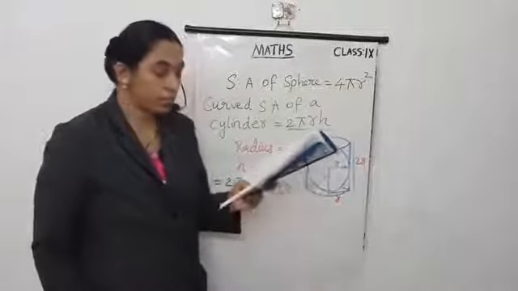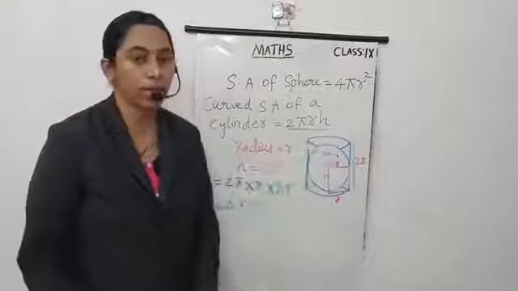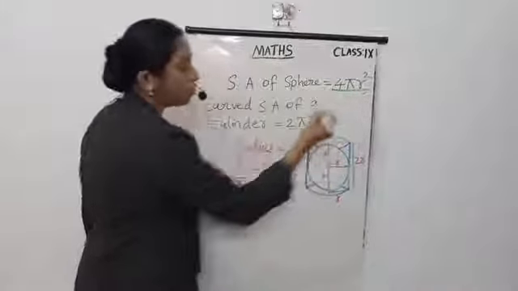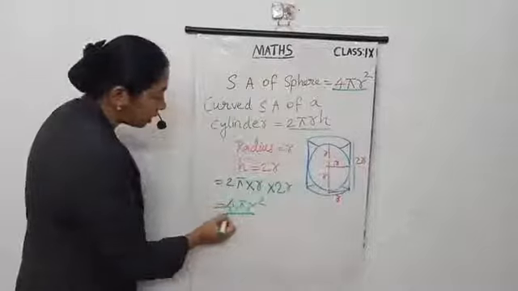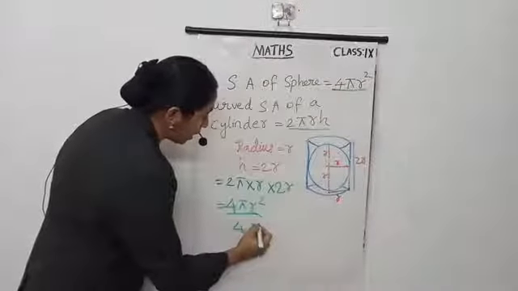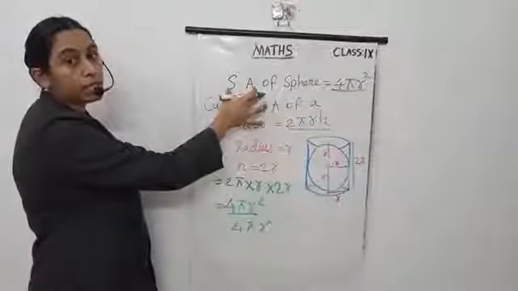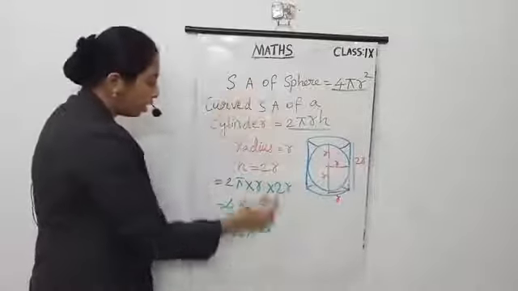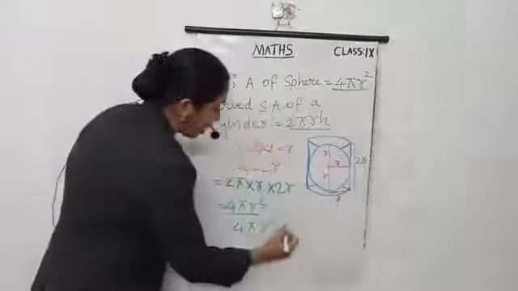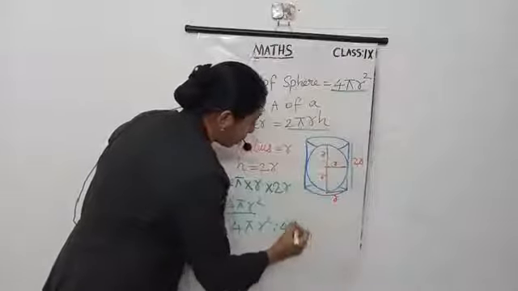And the third question is the ratio of the areas obtained in 1 and 2. Here the area is 4 pi r square and here the area is 4 pi r square. So the surface area of the sphere 4 pi r square is to the curved surface area of the cylinder, also 4 pi r square.